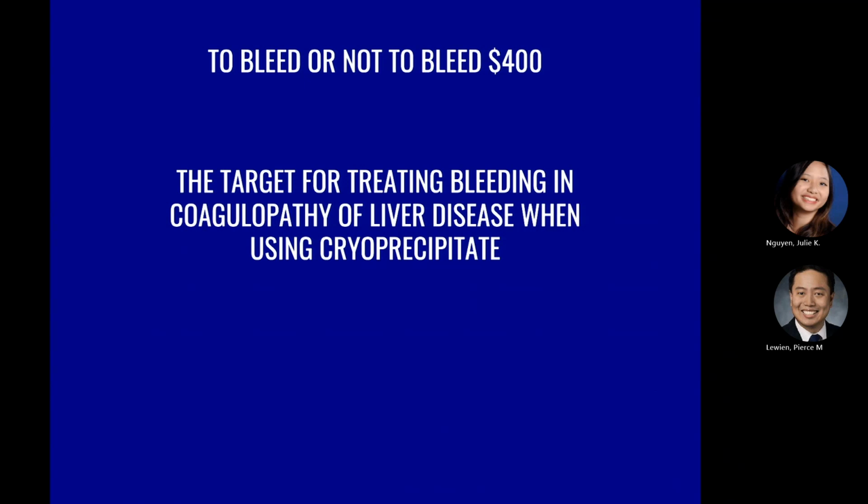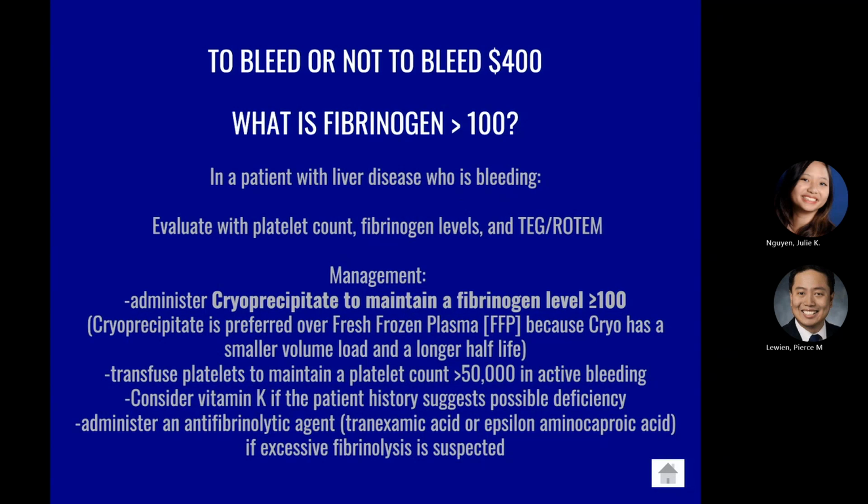When you say target, are you talking about a platelet count? Or what are you looking at when you give somebody cryoprecipitate? I'm not really sure, honestly. Anyone in the third year class?